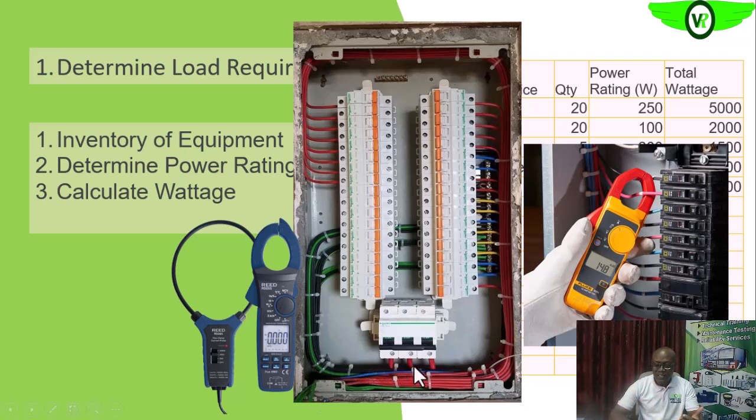When you get them, you multiply by the voltage. Are we getting it? You multiply by the voltage to give you the power rating that will be required to power those loads. That is the current from your amp meter times the voltage. If it is a three-phase system, remember to multiply by root 3.